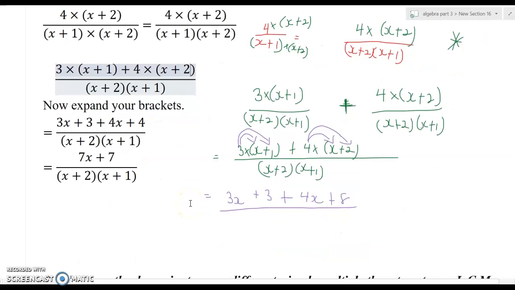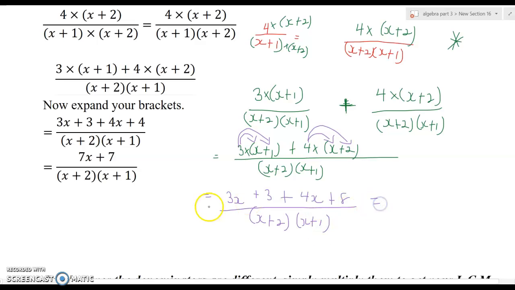So we'll just fix that when we're ready. Alright, and then our denominator is x plus 2 by x plus 1. And then we just simplify. 3x plus 4x is 7x. And then 3 plus 8 is 11, all over our new denominator. And that is our final answer there.